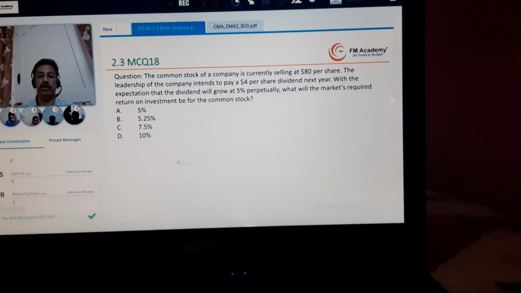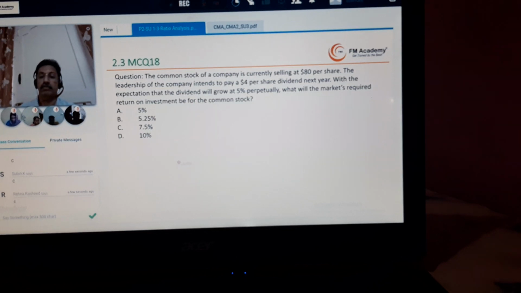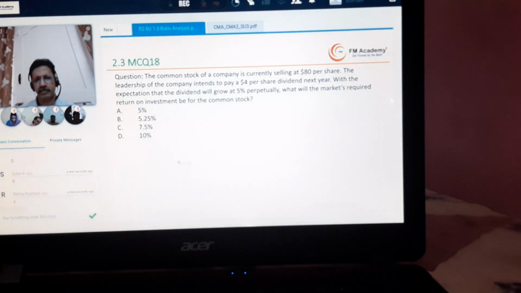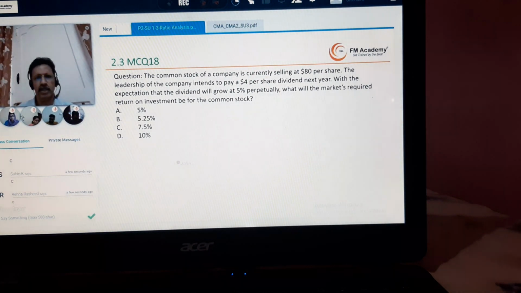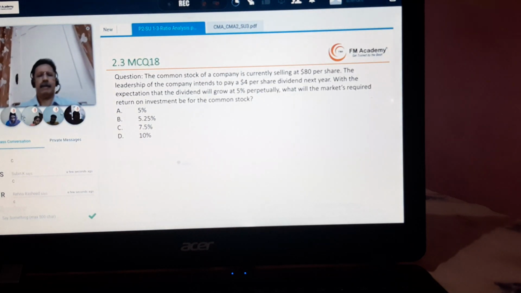When I explained the sustainable growth ratio, I gave you a formula also. You can use that. But this question per se is there in another study unit, where you will have better clarity on this. But I had covered this in the class.